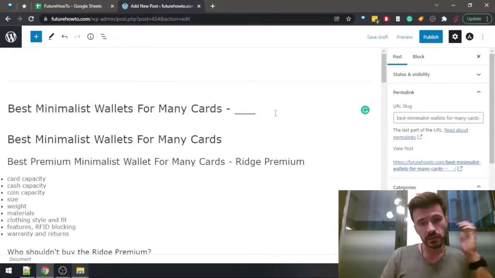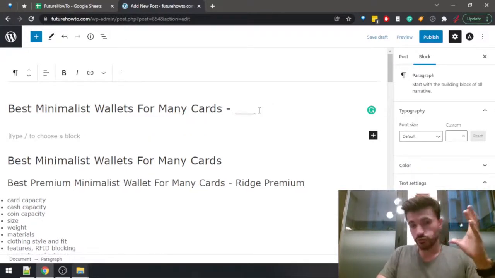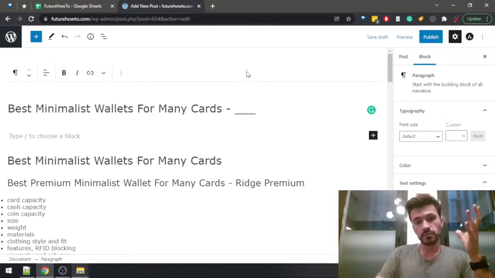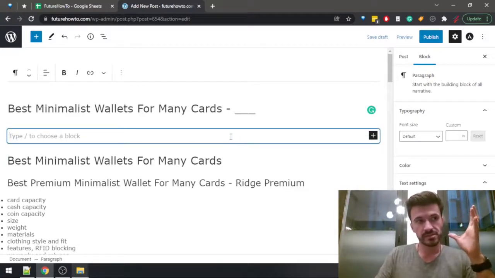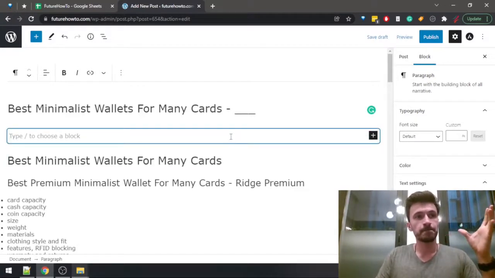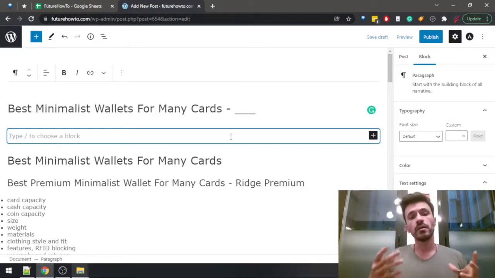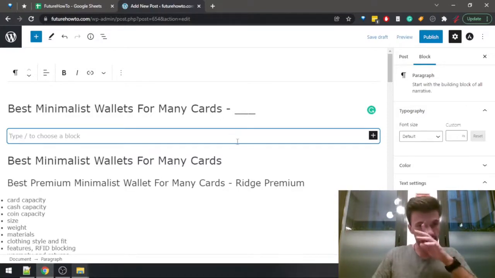I usually leave the intro paragraphs for last. I want to get a good feel of the content first before I write them, because I want them to be as good as I can write them, and they should be a natural segue into the content. They should provide the bottom line up front, all of that. So we're gonna leave that for last.